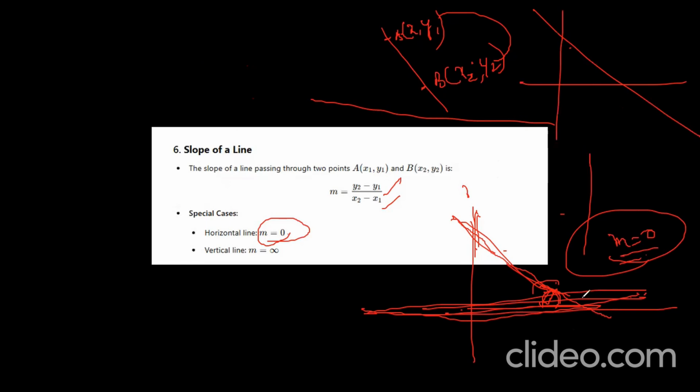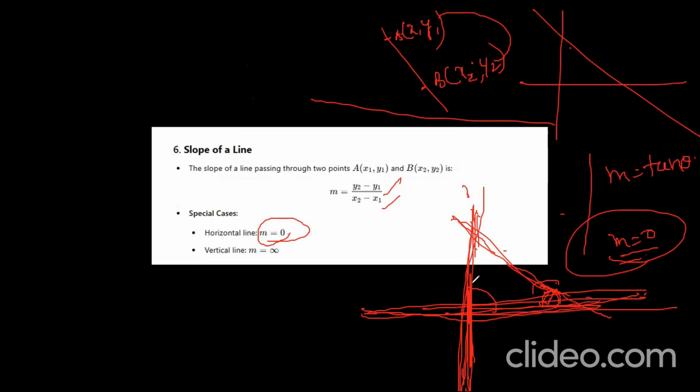Next, if you take a vertical line, what happens? We know the slope m is equal to tan theta. I want to calculate the slope of a vertical line. A vertical line makes an angle of 90 degrees with the x-axis in the anti-clockwise direction.